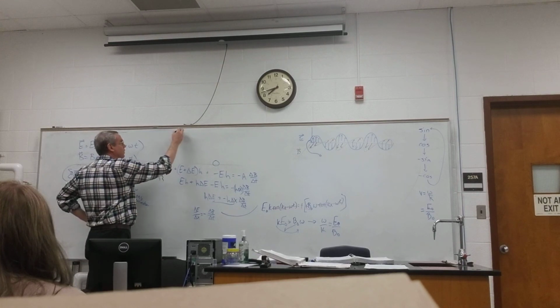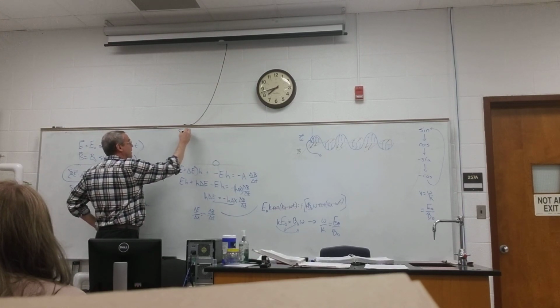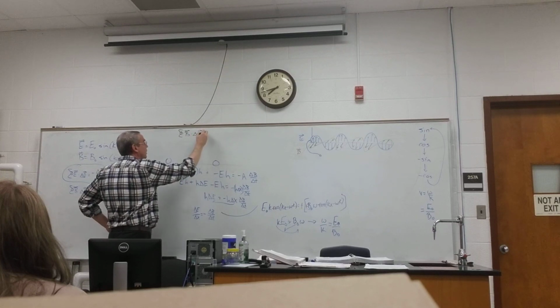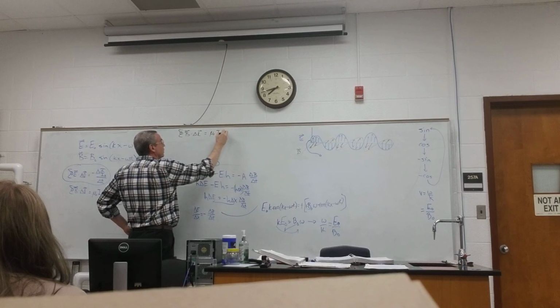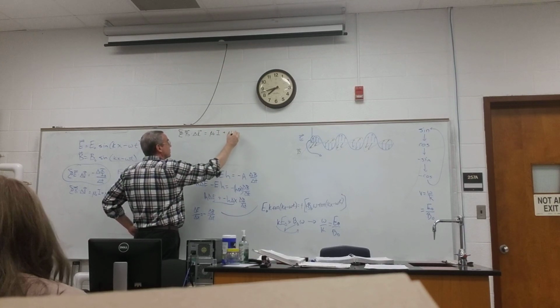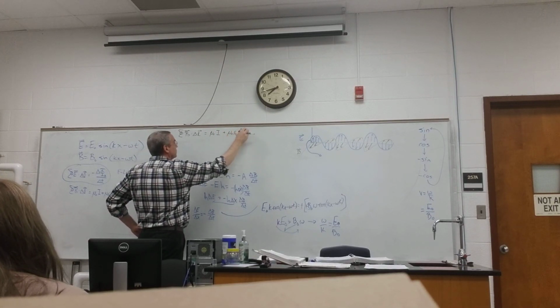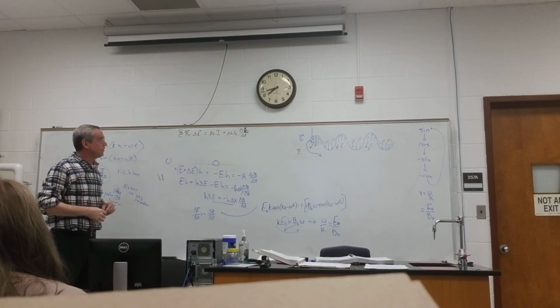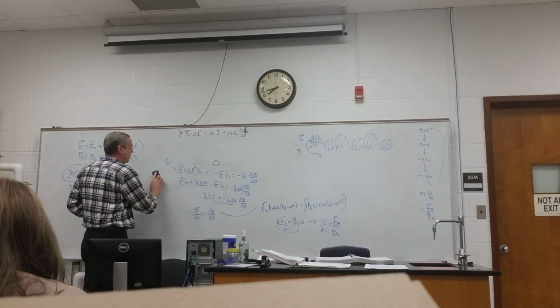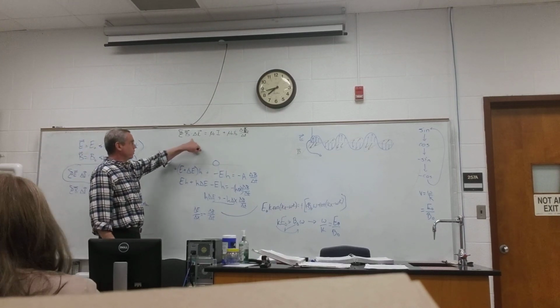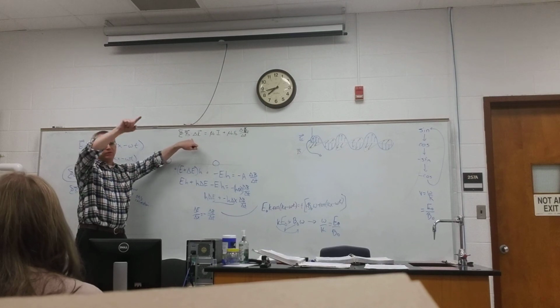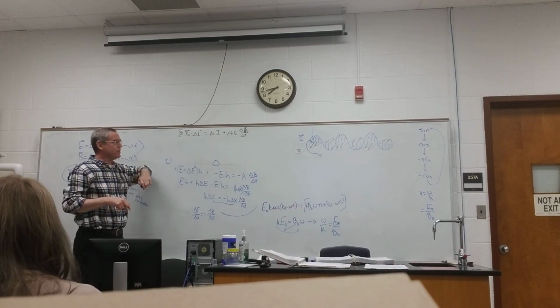So we now have, starting with Ampere's law, B dot delta L is equal to mu naught times the traditional current plus mu naught epsilon sub naught delta phi sub E over delta T. Just like before, we're going to be adding up the magnetic fields along a path, and so we have to create the path.